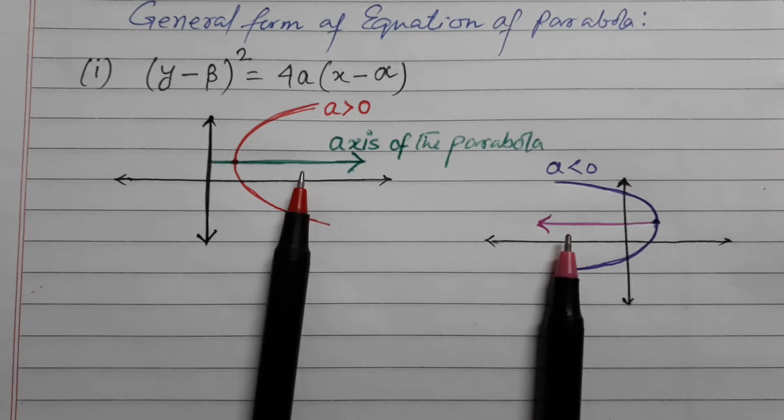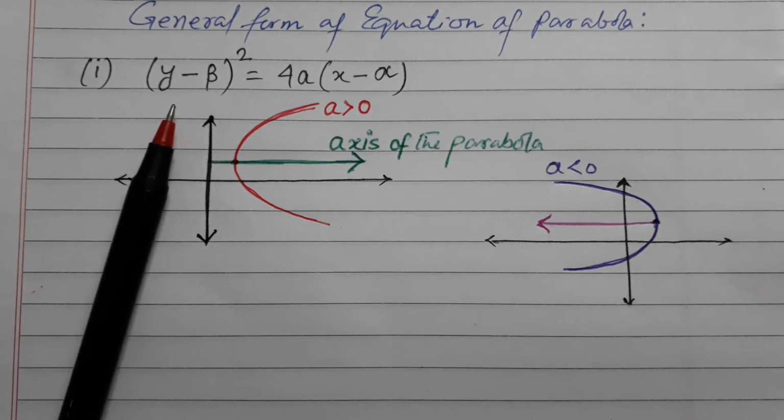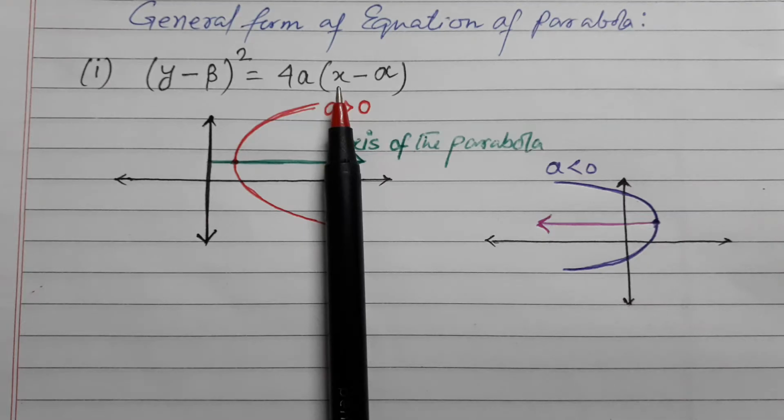In both cases the axis is parallel to the x-axis. Why parallel to the x-axis? Because in the equation of this parabola we can see the power of the variable y is 2, whereas the power of the variable x is 1.